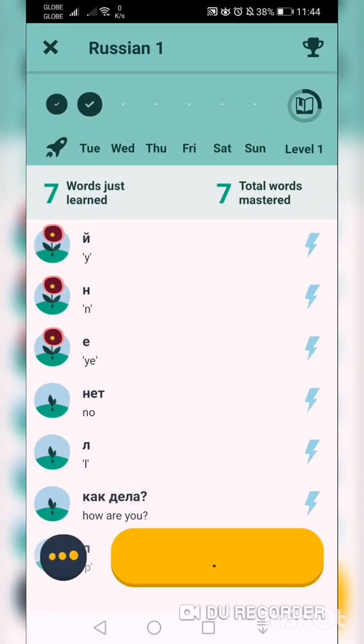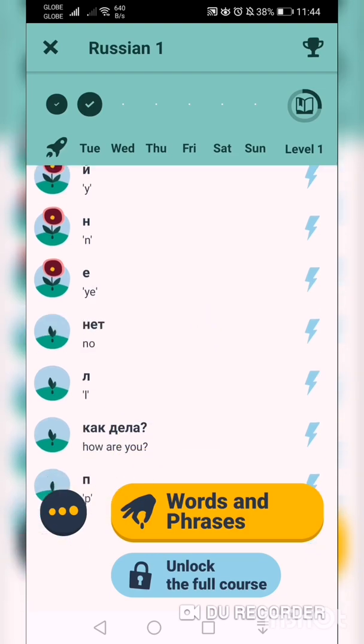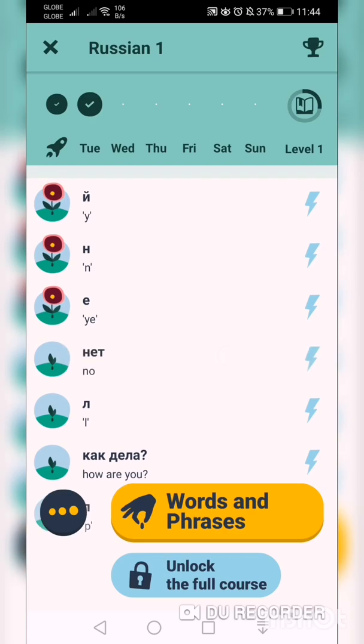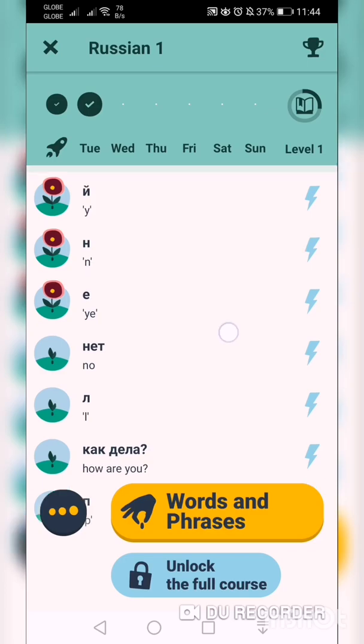All right, so we've learned some new letters. Let's look at those. That's the L sound, as well as the P sound. We also found out that the letter K and the letter T sound the same as in English.